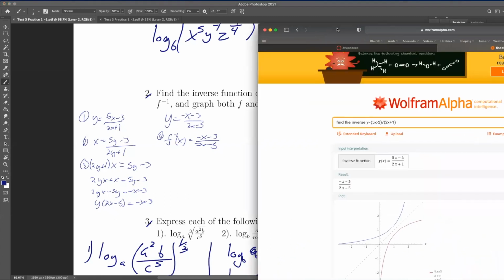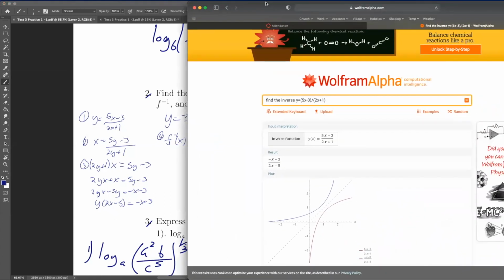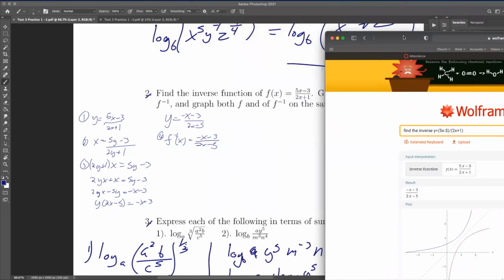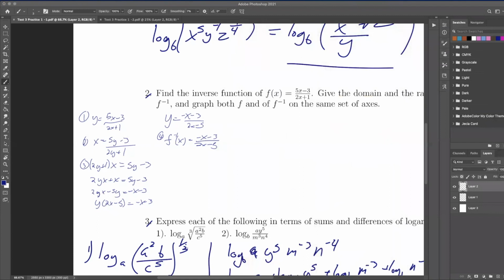Wolfram Alpha is so nice for us. It actually graphed the two functions for us. Here's one, here's the other. You can do it in Desmos as well. That just saves me a step. So we graph both of them on the same axis.